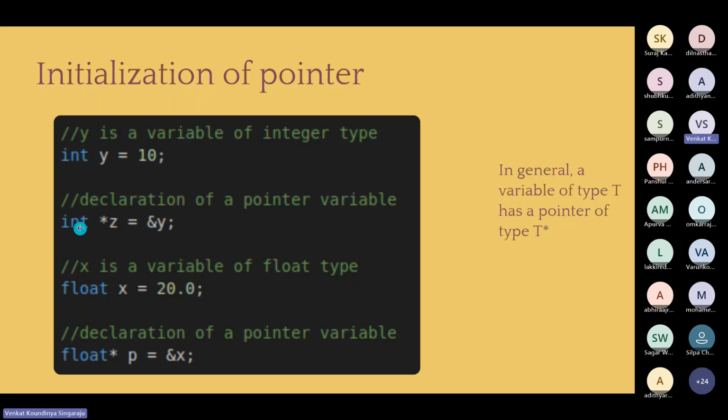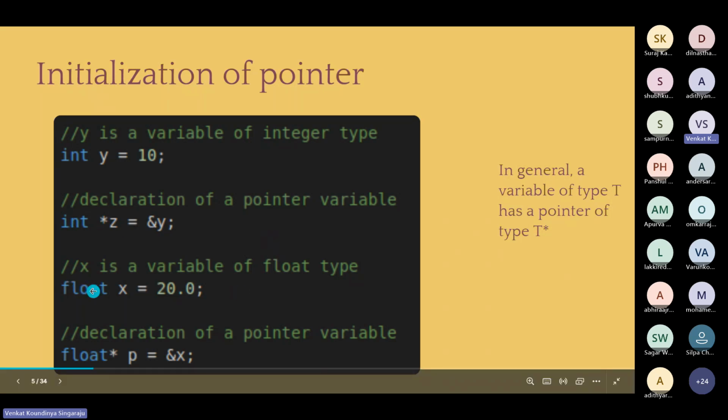As we previously discussed, if t is int, then the pointer will be of type int star. Int star z equals ampersand y. Ampersand is the address of operator, so you get the address of y, and that address is being stored in z.